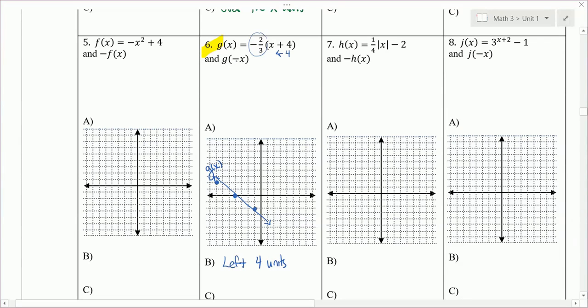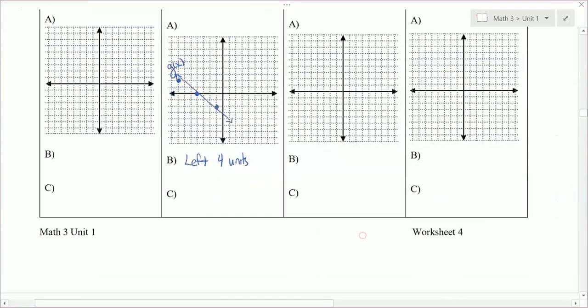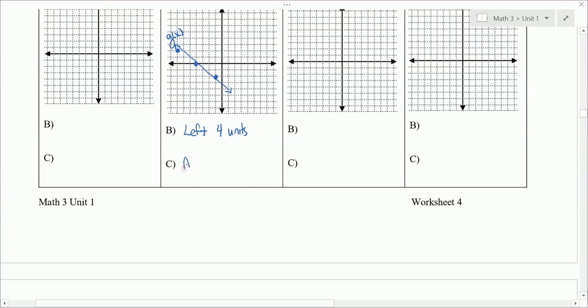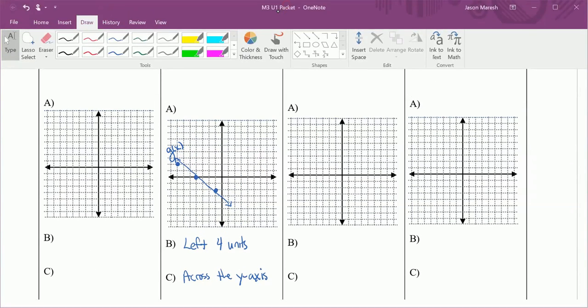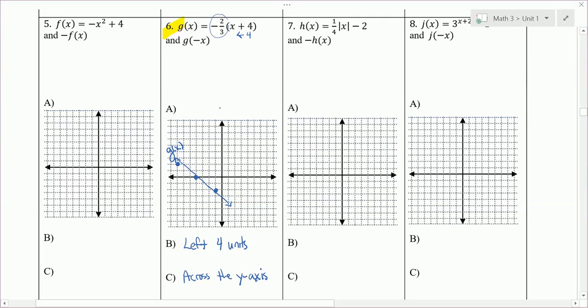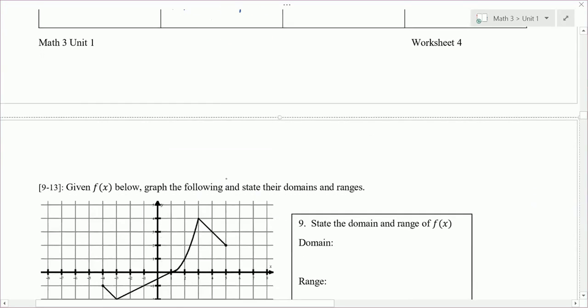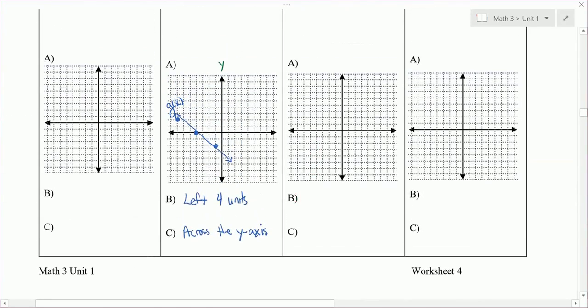G of negative x. If the negative sign's inside the parentheses, that is a reflection across the y-axis. And so, here's my y-axis. Pick a point, and so the point at the bottom is 1 to the left of the y-axis, so I'm going to go 1 to the right of the y-axis.